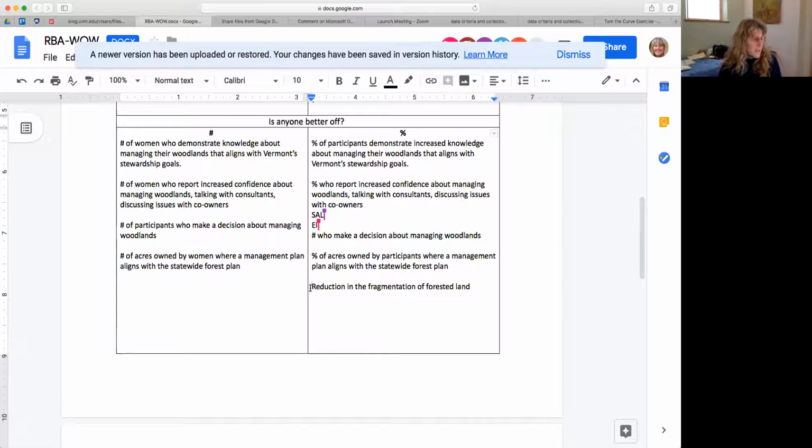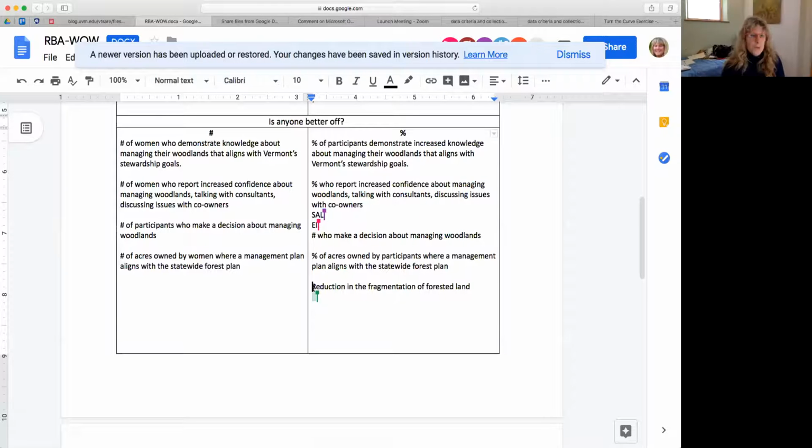And then I had this on the other side, where it's acres. It was like a reduction in the amount of something having to do with fragmentation of forest land. So that's getting to that long-term goal that's population level. So that is a population one, so I would say it shouldn't be here unless you can rephrase it to talk specifically about your participants.